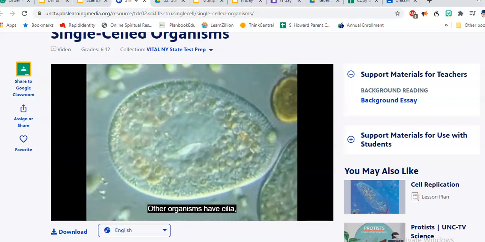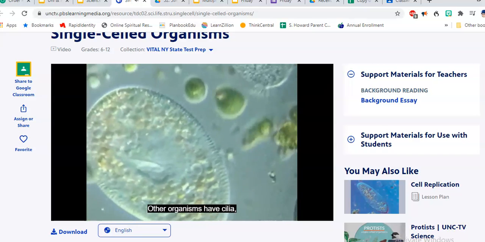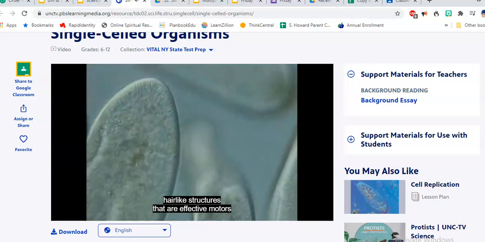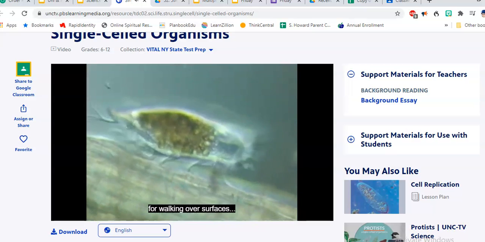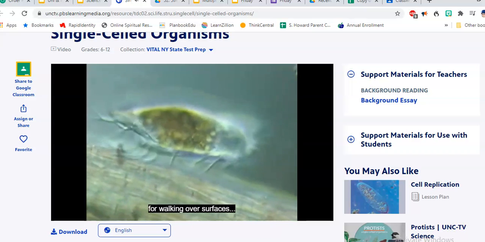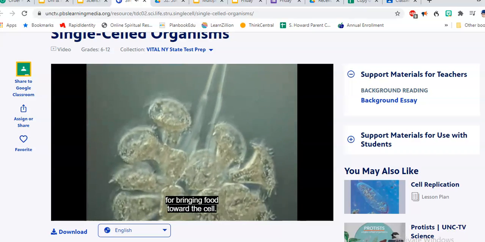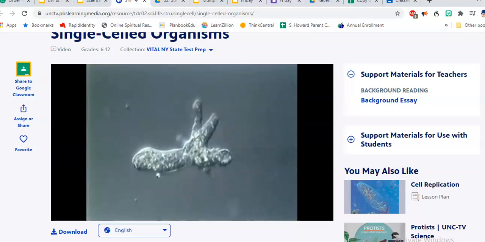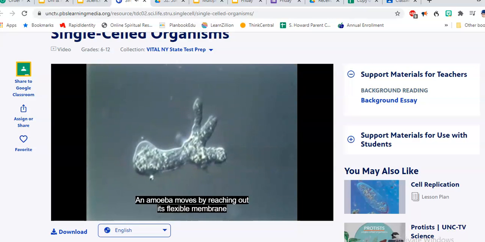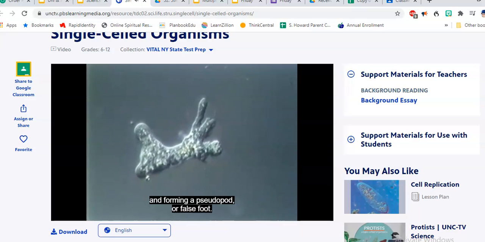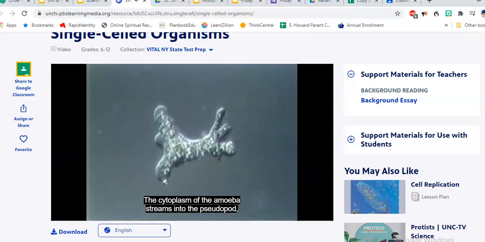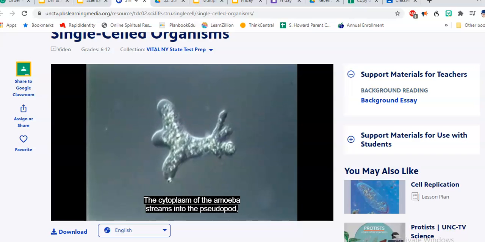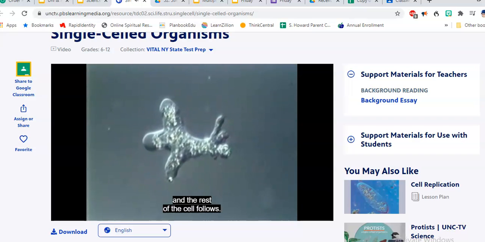Other organisms have cilia, hair-like structures that are effective motors for moving through water, for walking over surfaces, for bringing food toward the cell. An amoeba moves by reaching out its flexible membrane and forming a pseudopod, or false foot. The cytoplasm of the amoeba streams into the pseudopod, and the rest of the cell follows.